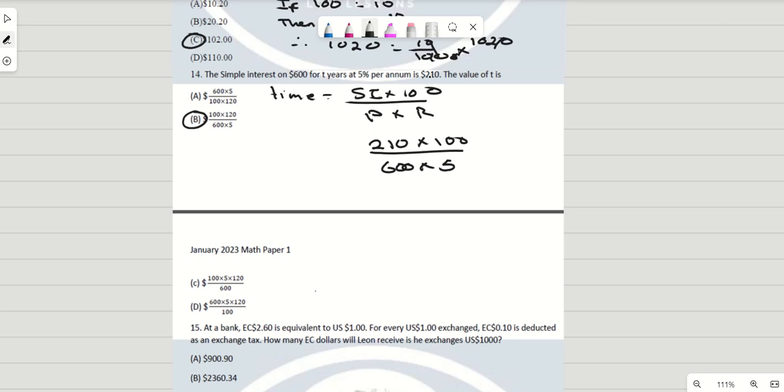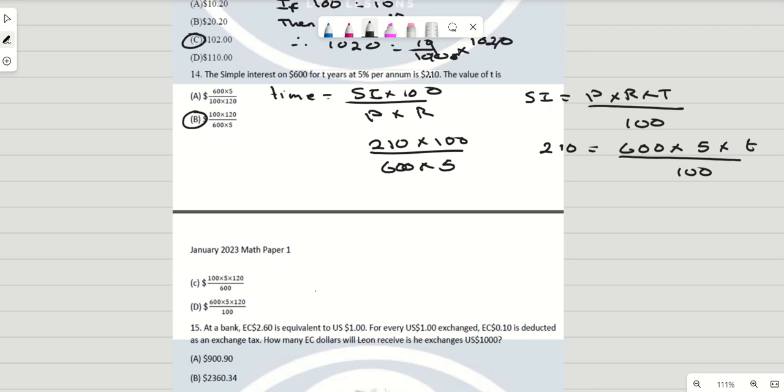Or you could have done it where we know simple interest is equals to principal multiplied by rate multiplied by time all over 100, right? We know our simple interest is 210 is equals to principal, which is 600 multiplied by rate, which is 5 multiplied by time, which is T, all over 100. If you don't remember the formula, guys, this is the way that you would do it.